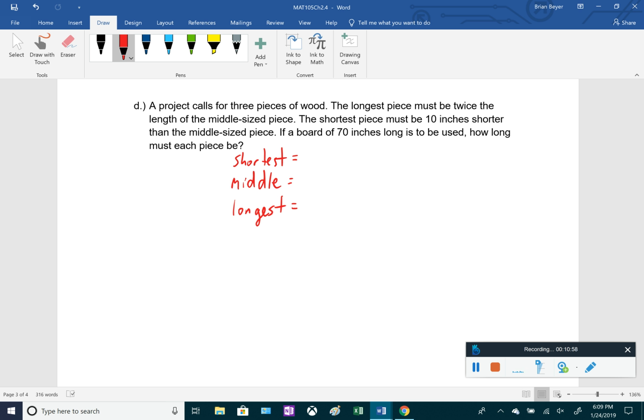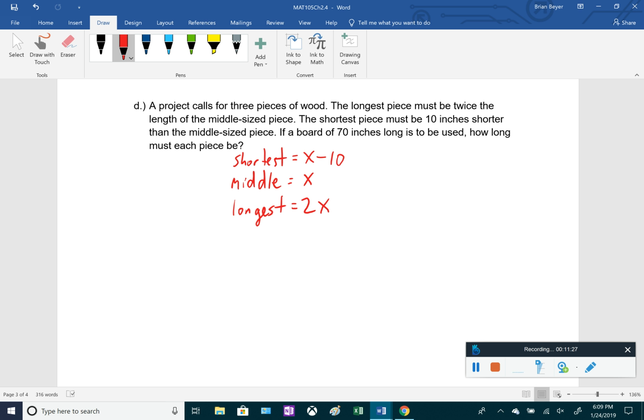So let's let the middle be x, the variable x. We know the longest has to be twice of that, so the longest has to be 2 times x. We also know that the shortest must be 10 inches shorter than the middle piece. That means it has to be x minus 10. So shorter represents subtraction.